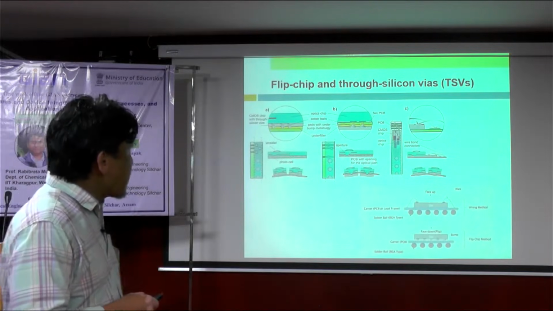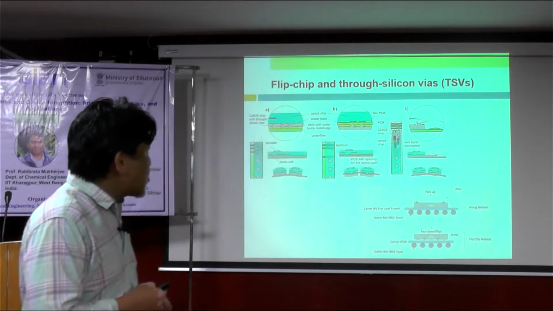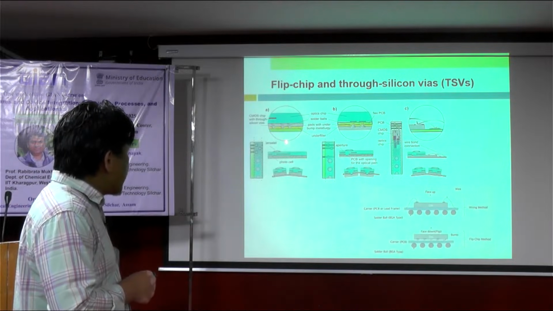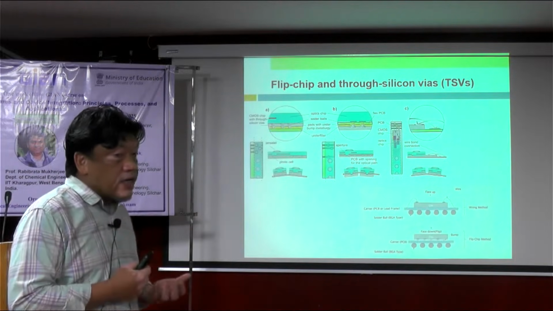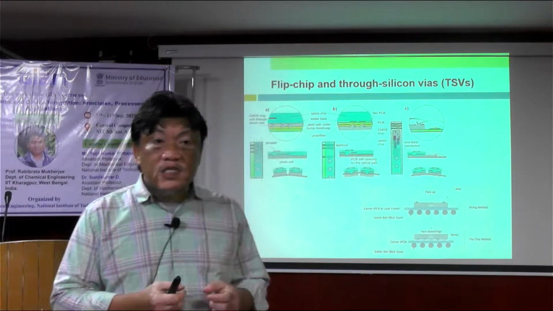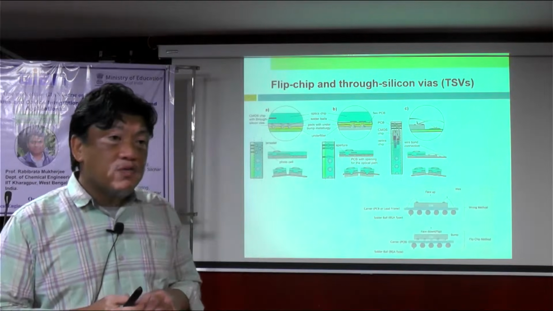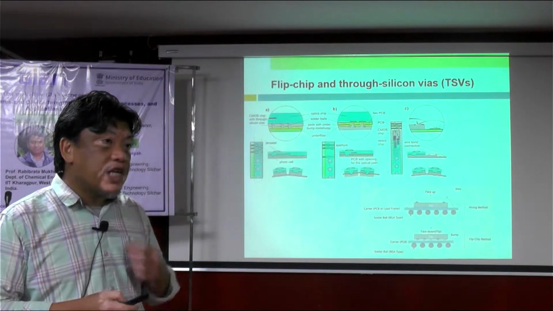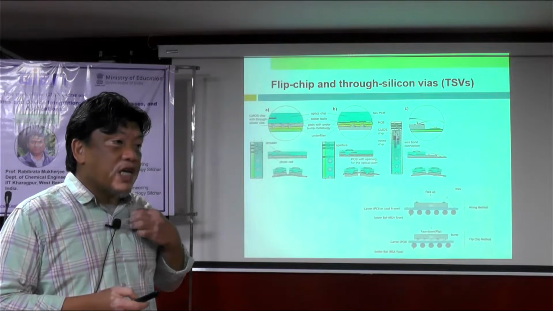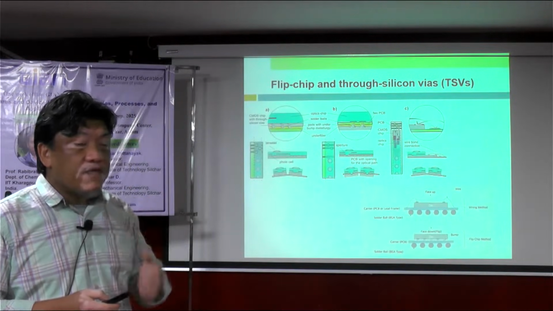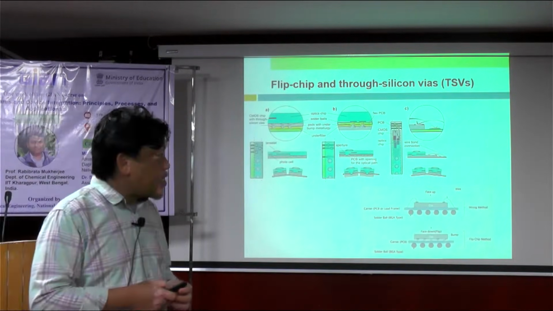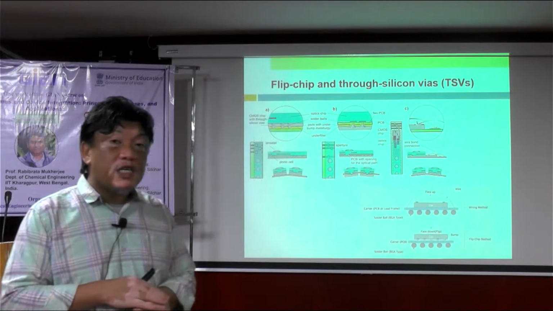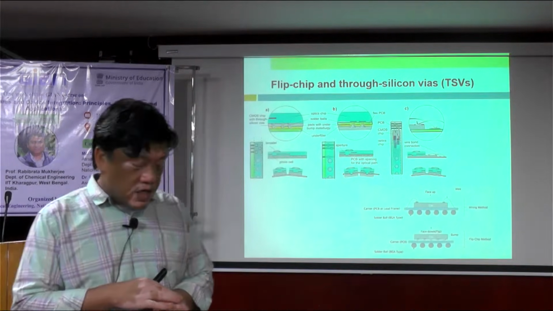Again, we have talked about through silicon via. Through silicon via is a hole in the silicon substrate that passes through the top and bottom of the substrate, so that you can connect whatever design is on the top of the substrate, especially if you are stacking the chip or stacking the device.